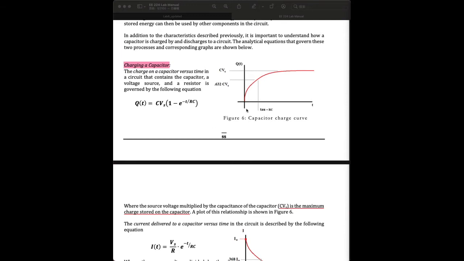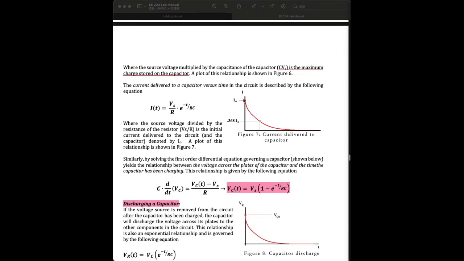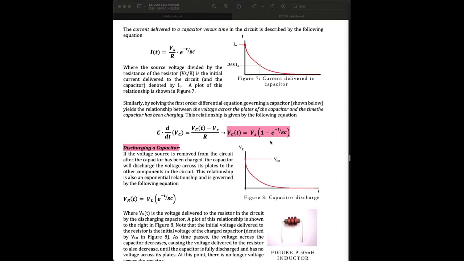As time goes by, the energy is increasing constantly as an exponential function, and after some calculation steps, we have this equation which describes the relationship between the voltage across the capacitor and the time it has been charging.